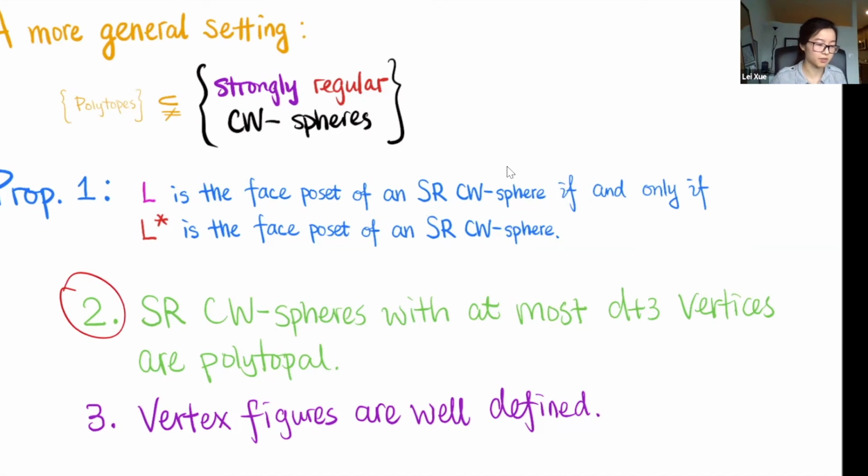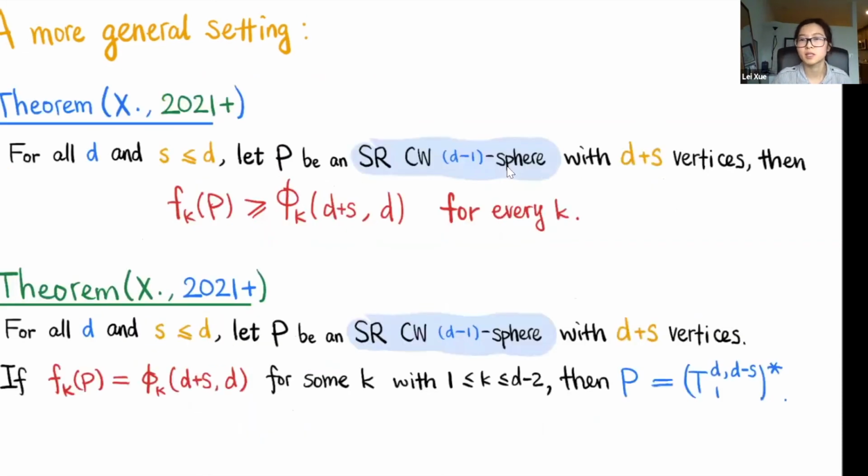And stuff like vertex figures, or some basic facts that we were using in our polytopal proof before, like you're always able to find a facet including one vertex but not the other one, those nice propositions also still hold. So we can naturally generalize our theorems, in fact the inequality and the equality cases, to this more general setting. Yeah, and the proofs are essentially the same.